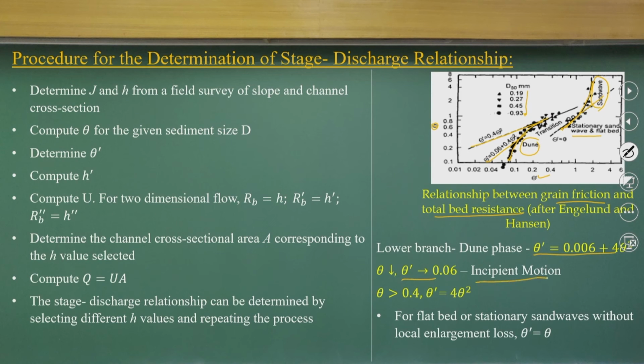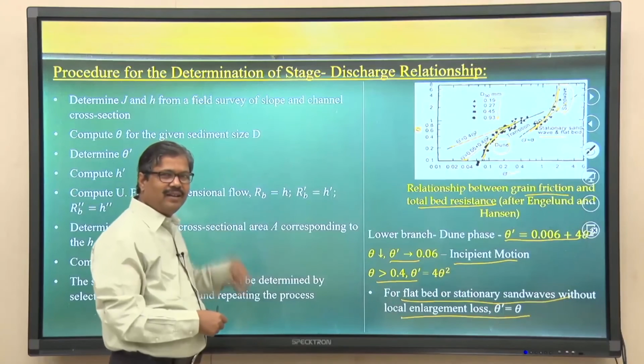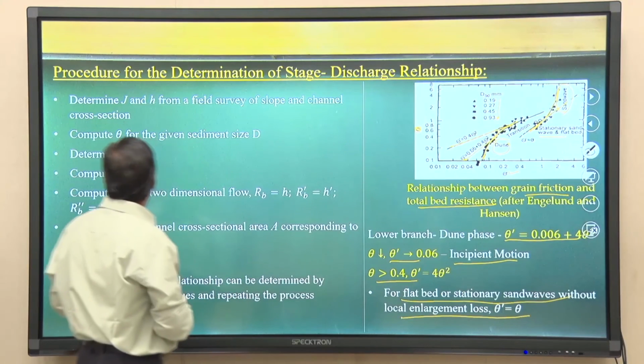If you look at incipient motion, theta dash for a flat bed will be equal to theta. That is what it indicates when you have that stage. So here also there is a procedure for a stage discharge relationship, again using these equations and this graphical data, which is why you need a hit and trial method.